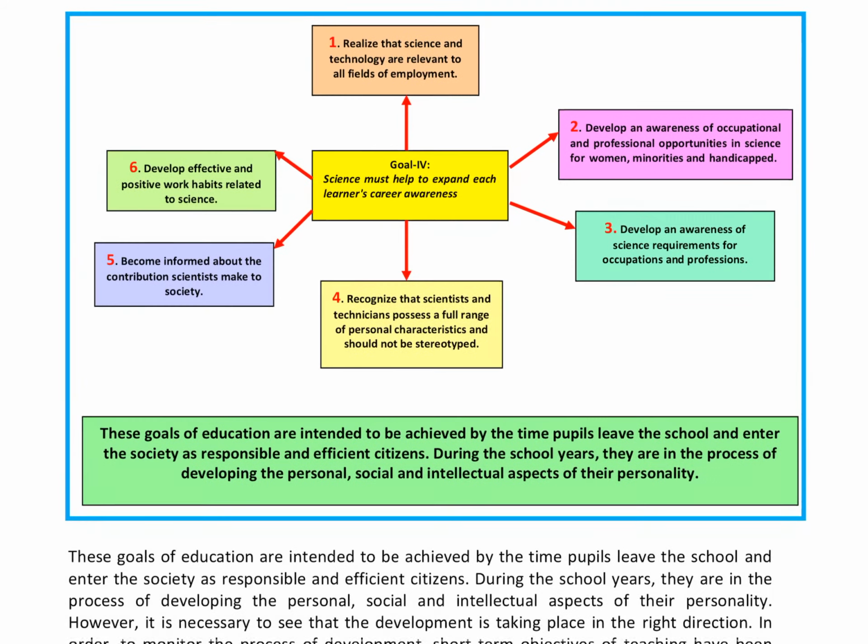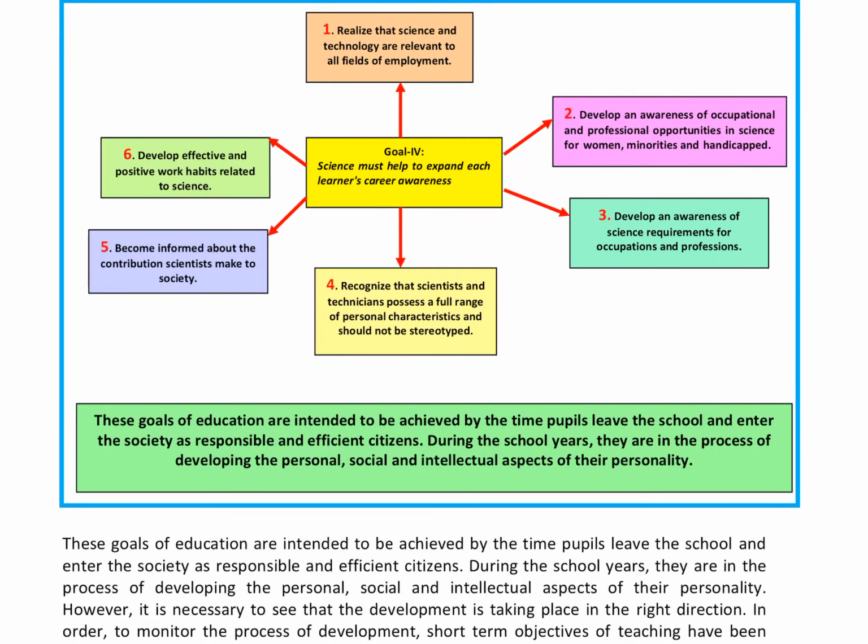And all these goals of education are intended to be achieved by the time pupils leave the school and enter the society as responsible and efficient citizens. During their school years, they are in the process of developing the personal, social, and intellectual aspects of their personality.